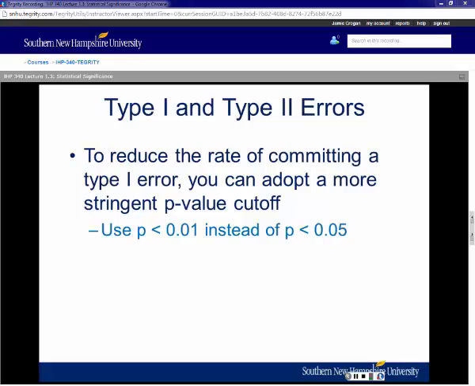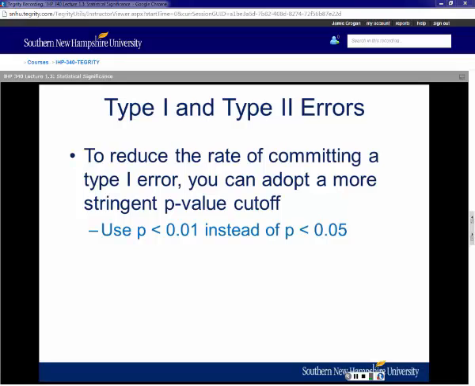So these type 1 and type 2 errors are actually related to one another. Some researchers in the past have said, well, I really hate being wrong. This p-value of 0.05, the 5% error rate for a type 1 error, some people said, well, I don't want to be wrong 5% of the time, I want to be wrong only 1% of the time.